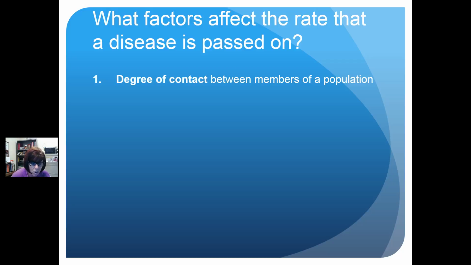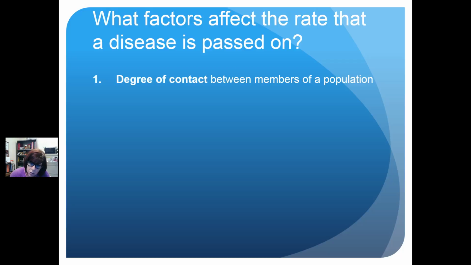Remember when the whole Ebola crisis was going on, about 2 summers ago? We didn't really worry about it here because it was going on in Nigeria, so we didn't have any degree of contact between the members of the population that had it and those of us that didn't.